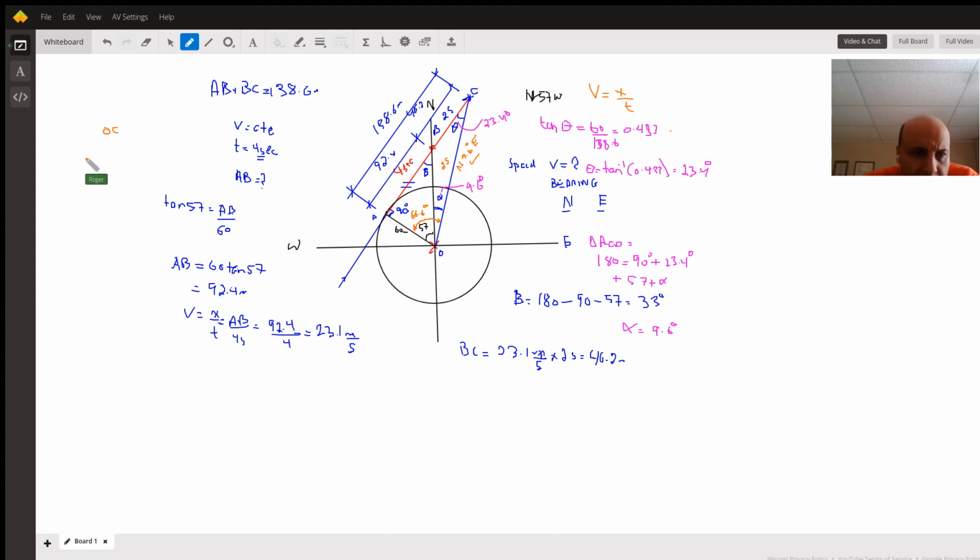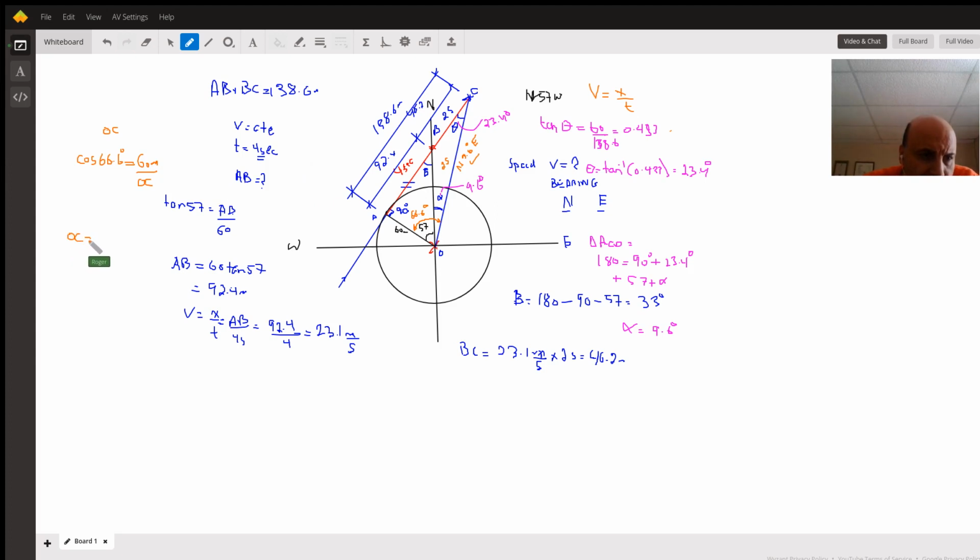So cosine of 66.6 degree is equal to the adjacent, 60 meter, over the hypotenuse, OC.